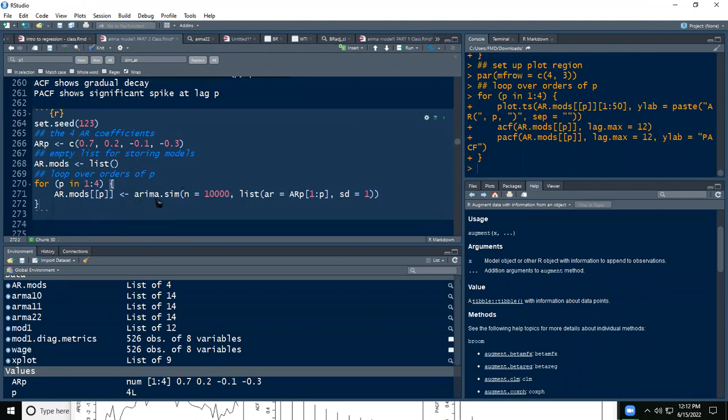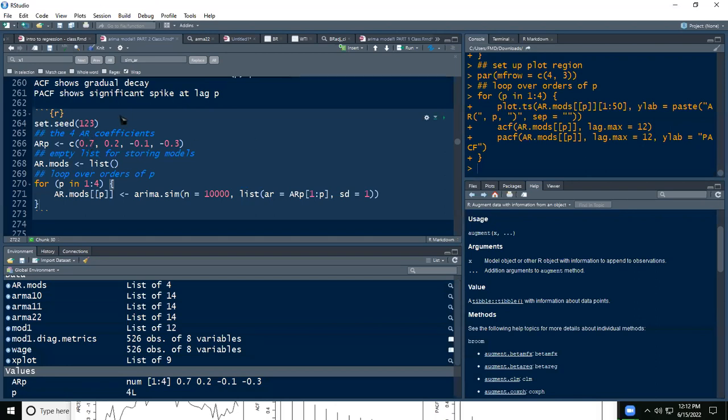Okay, ito guys. Simulate ARIMA 10,000 observations. Okay, 4 na ARIMA, no? Yung 1, ito lang yung component na. Yung ARIMA 2, 0.7 at saka 0.2. Yung ARIMA 3, 0.7, 0.2, negative 0.1. Yung ARIMA 4, yung 4 na to. No? Bali, AR4 process natin dulo-dulo.